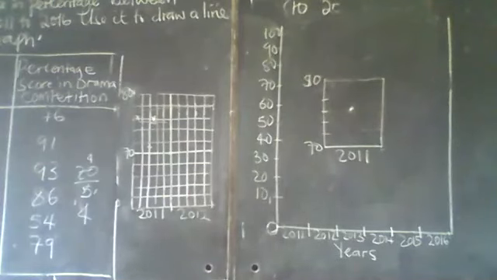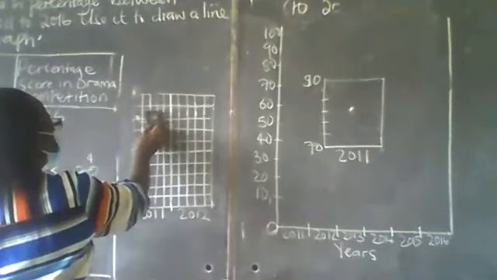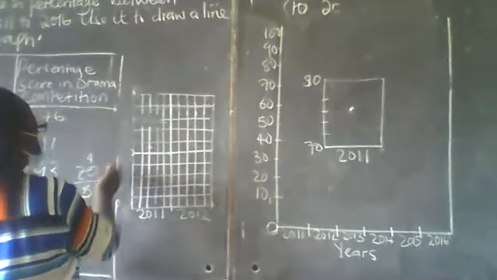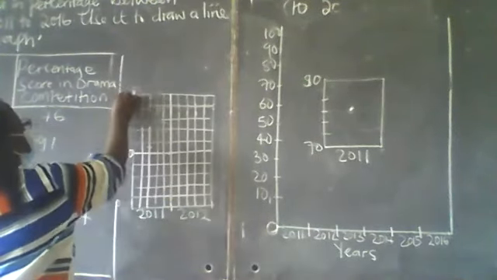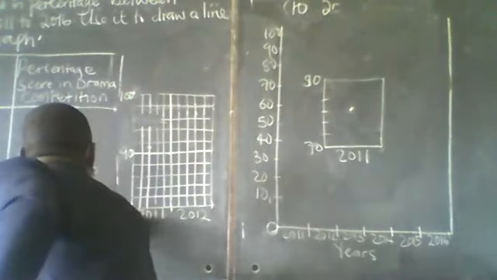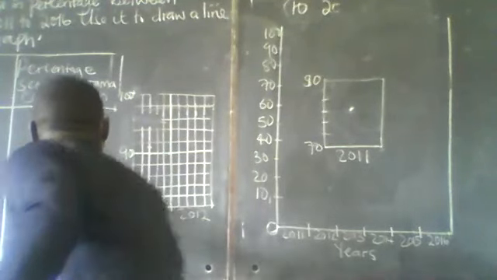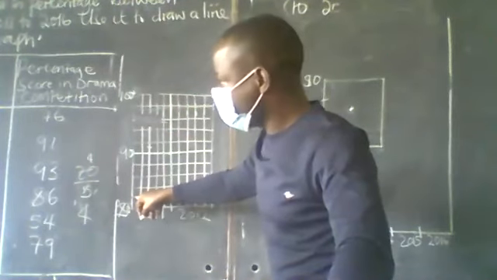And so when we look at 2012, where we have 91. So if this is 90 and then 100, and 80, each unit is 2.